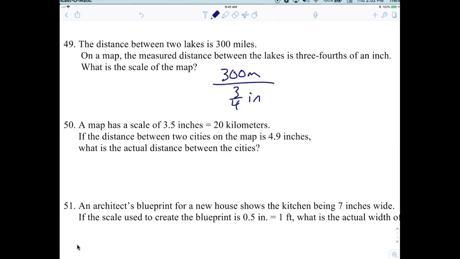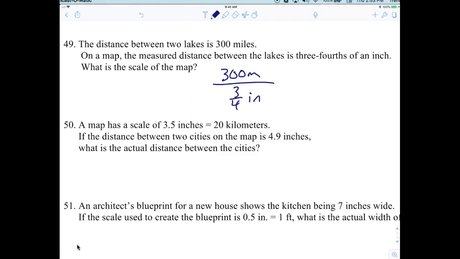So now, what I want everybody to do is look up and listen. A fraction bar means what? Divide, right? So I want everybody to do 300 divided by 3/4. Everybody's doing 300 divided by 3/4. And tell me what that is.